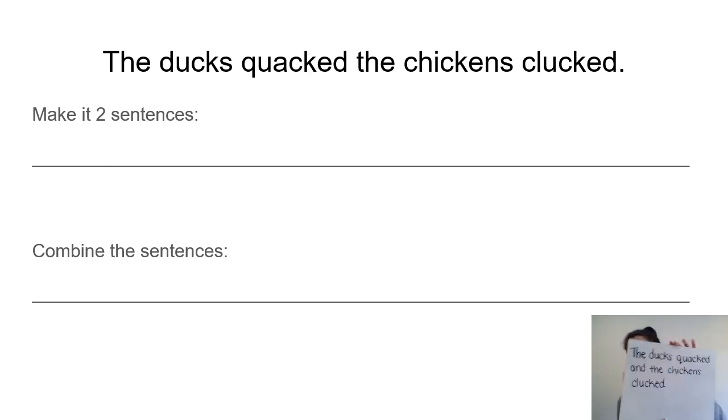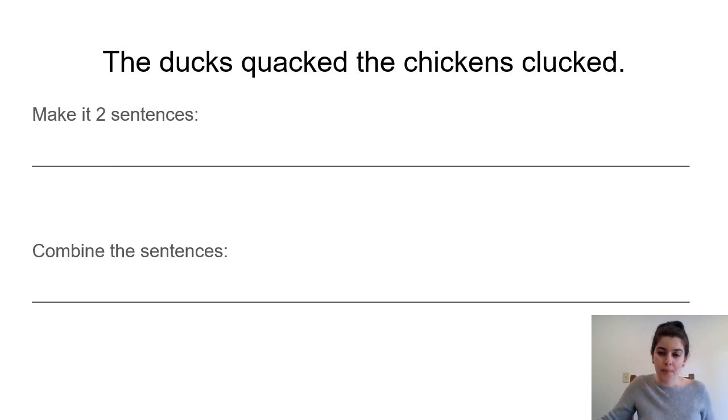Period at the end. So all I had to do was add this magic word and now this sentence is fixed. It became a compound sentence. That means a sentence with two subjects and two predicates.